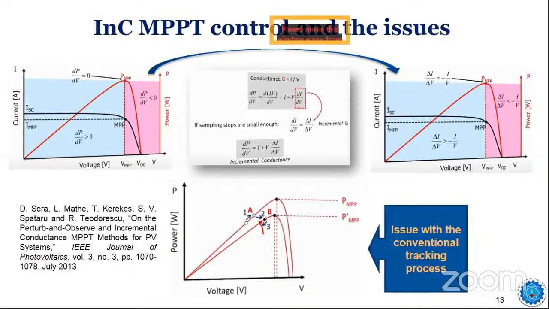The movement is towards the negative side, or towards the left hand side of the MPP. Our MPP is here on the new curve. But are we able to track that MPP? No, we are moving in a wrong direction. That is called drifting. If you focus on recent papers, you will find this term called drift.